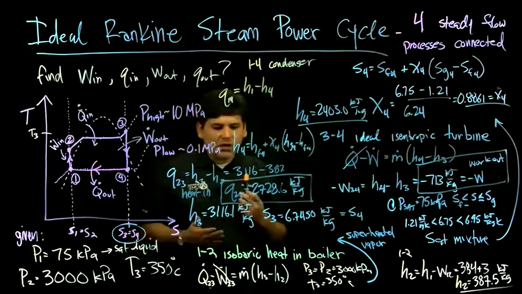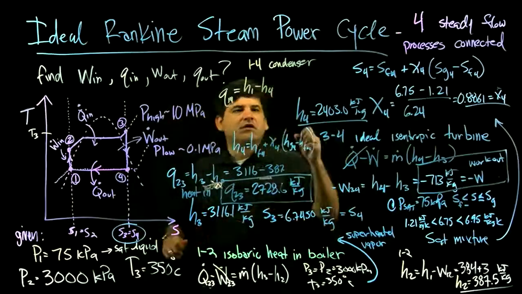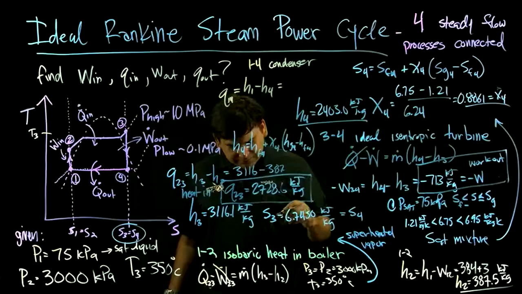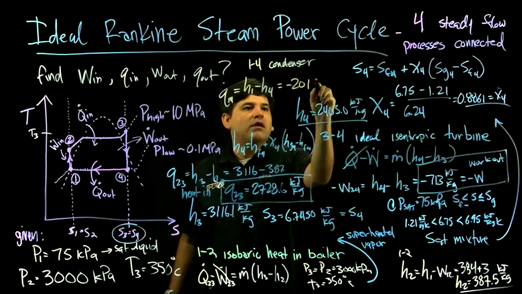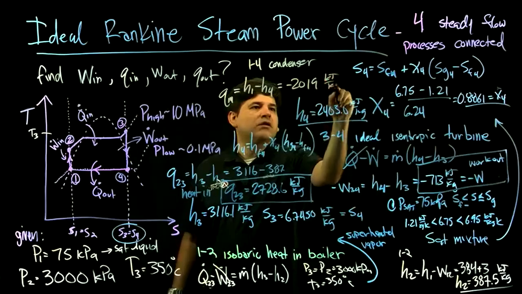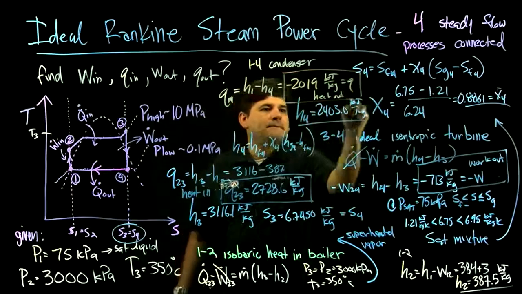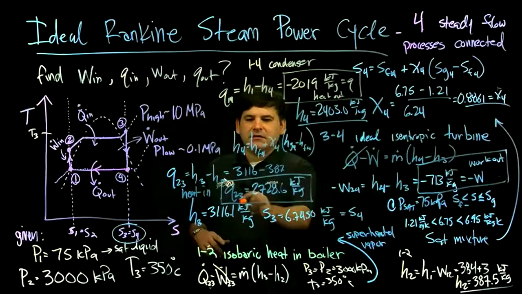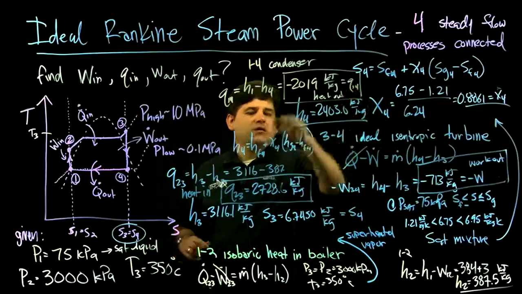We found H1 earlier, I erased it. We just found H4, so that would give you the Q is negative 2019 kilojoules per kilogram, so that indeed is heat out. This is heat in, and from 4 to 1 is heat out.